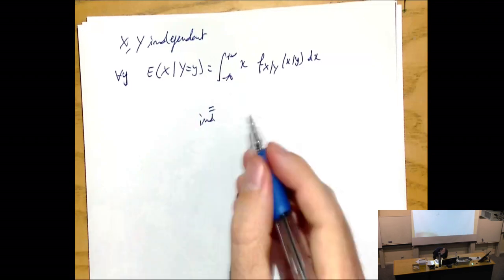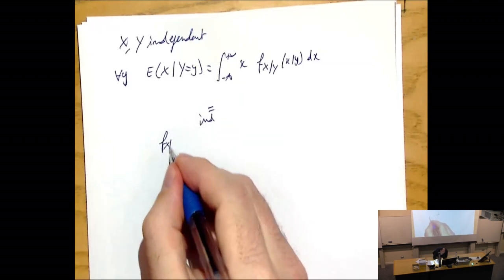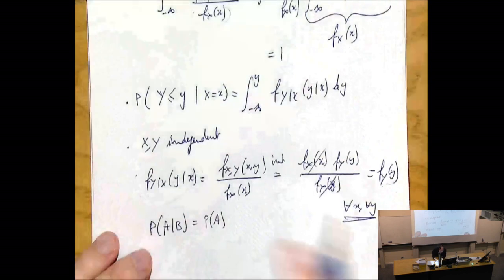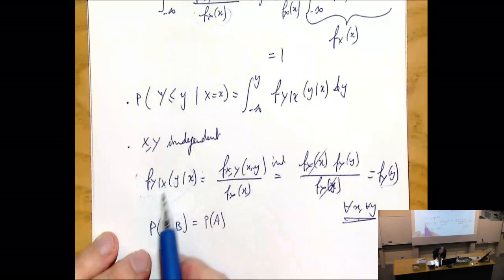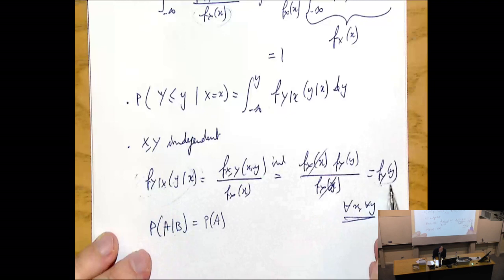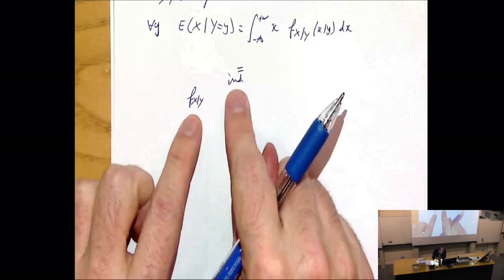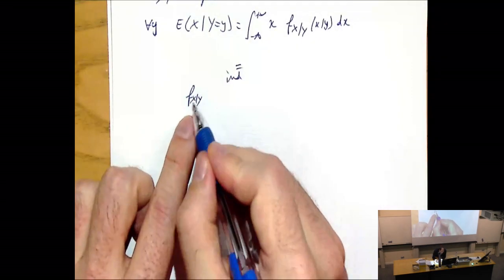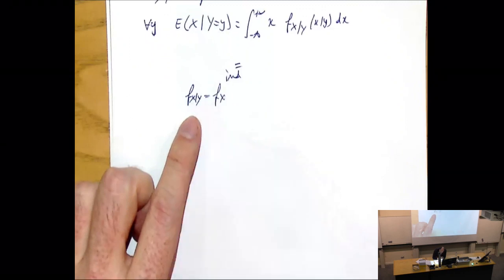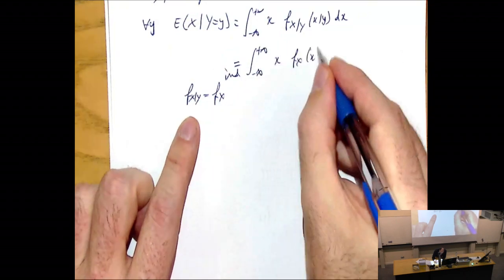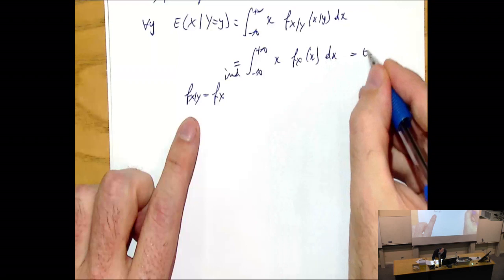Now, because they're independent, what do we have? Because of the independence, we know that f of x given y is equal to f of x. If X and Y are independent, the conditional PDF of y given x is equal to the marginal of y. So here, if X and Y are independent, the conditional PDF of x given y is equal to the marginal of x. And so we have indeed the integral of x multiplied by the marginal of x, and this is the expectation of x.